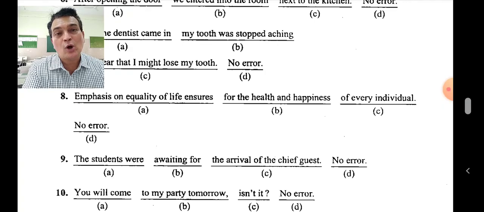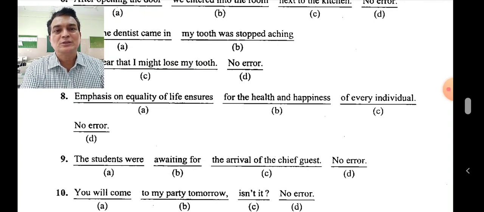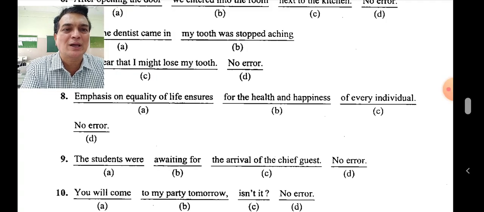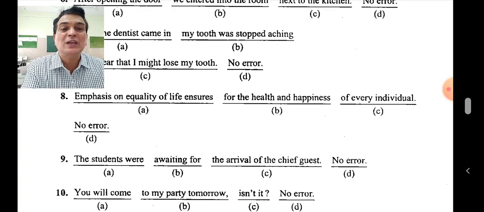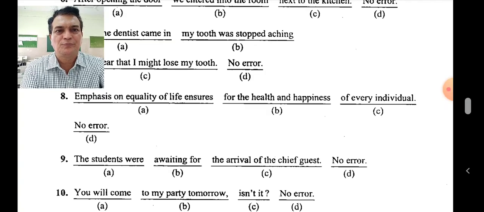So study what preposition will follow which particular verb. The students were awaiting for the arrival of the chief guest. Awaiting for, wrong. Awaiting the chief guest, fine. Waiting for. When you are using a preposition, waiting for. Awaiting the chief guest, fine. But waiting for. So B is the right answer here.